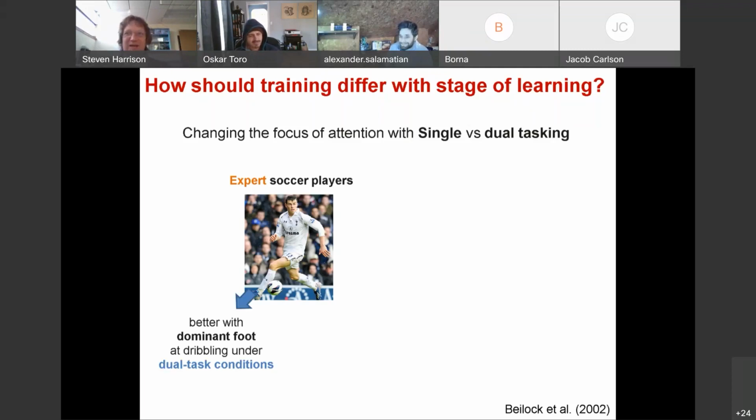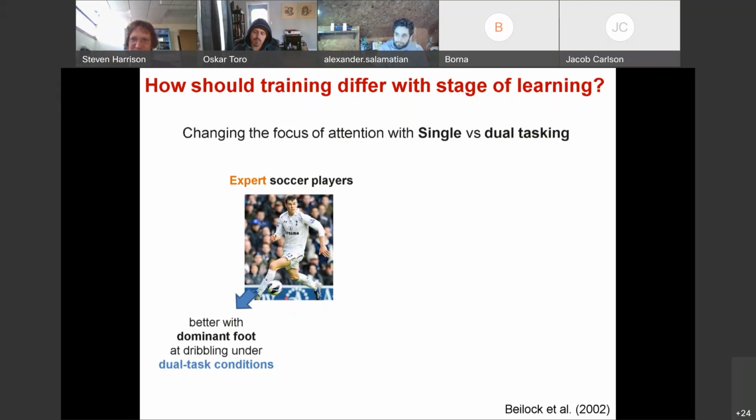In some research by Belock in 2002, they studied soccer players and how single versus dual tasking during practice could have benefits or detriments for their training. If you take an expert soccer player, this research shows that they are better when dribbling with their dominant foot.